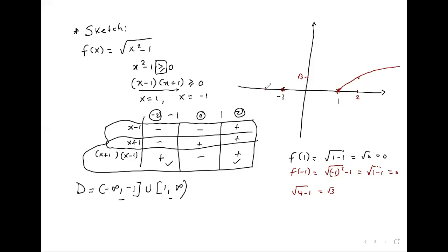And if we take -2, squared, then minus 1, which will be 4 minus 1, which is 3. So it will go somewhere there, and it will go this way. That's how our graph is going to look.